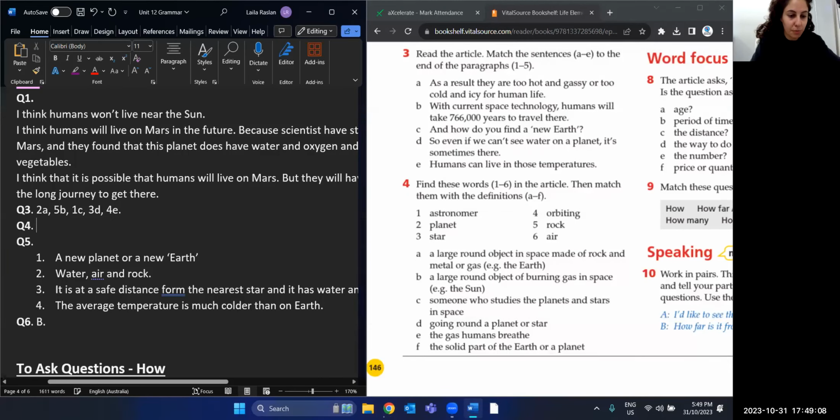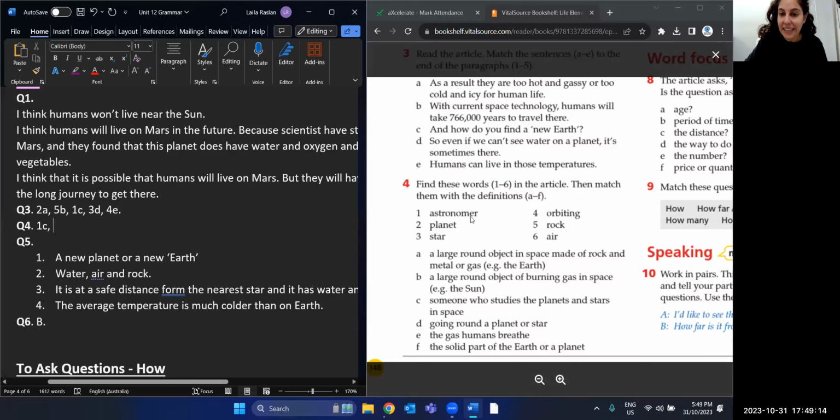Yes, it's a job title. That's what an astronomer is. So remember, any noun that has an ER is usually a job, like teacher, astronomer, lawyer. So an astronomer is someone who studies the planets and stars in space.